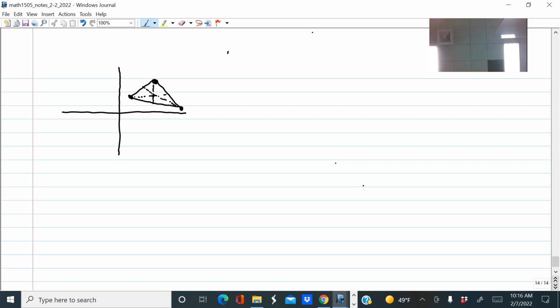Notice those medians all intersected at the same point, and that's not a coincidence. Medians of triangles will all intersect in the middle of the triangle in a single point. But that's not the point of this question, right? We just want to find what the lengths of these medians are.